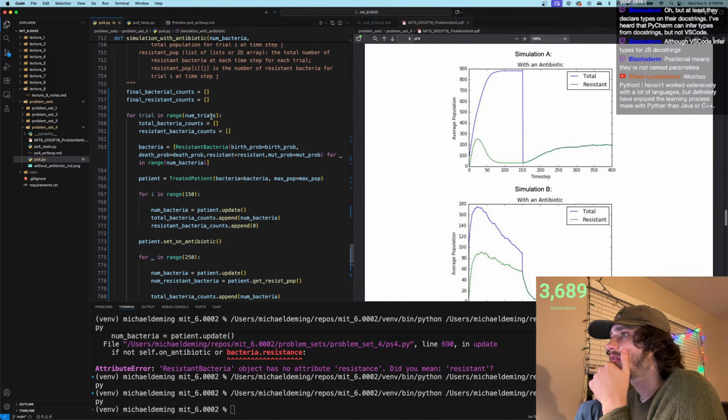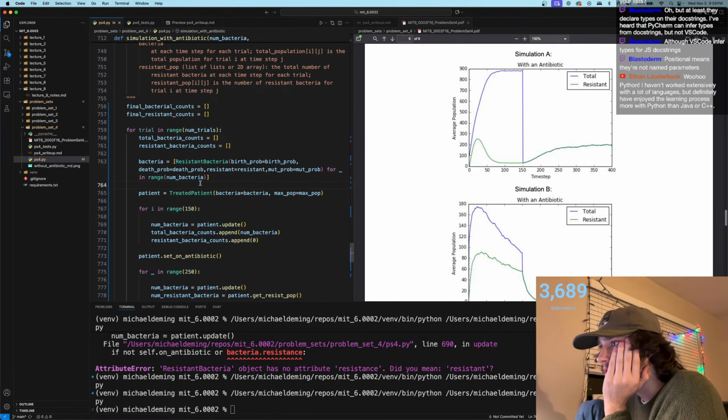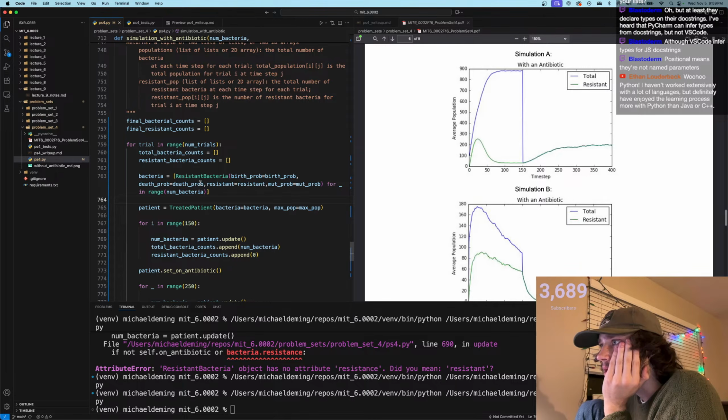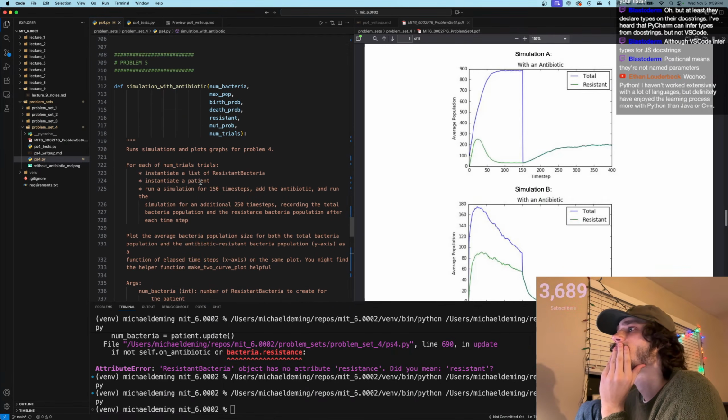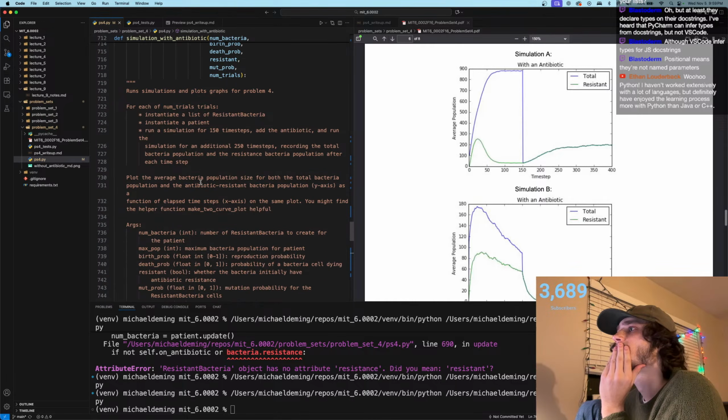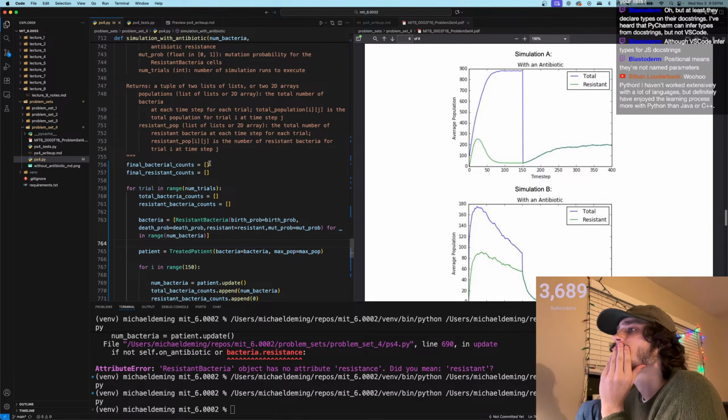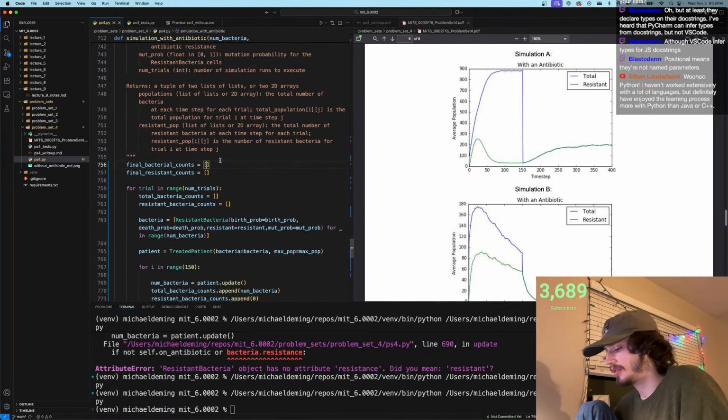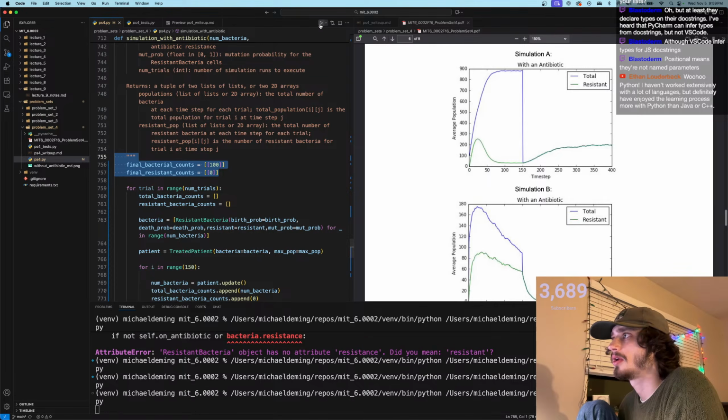So we need to add in our initial counts, right? So if we do a list of 100 initial bacteria and a list of 0 resistant bacteria initially, and run that.